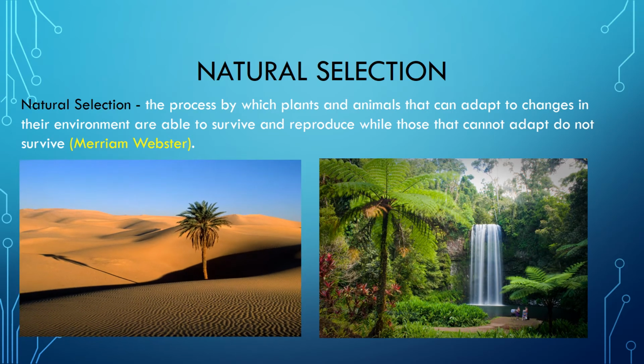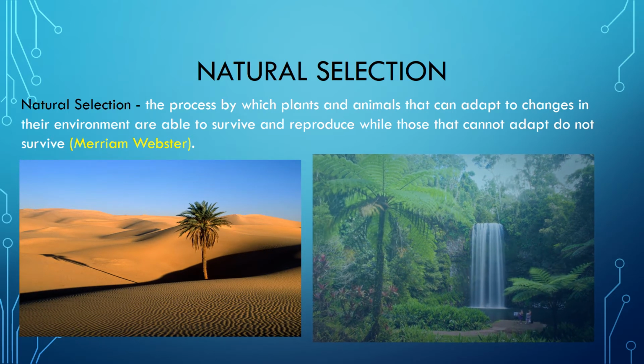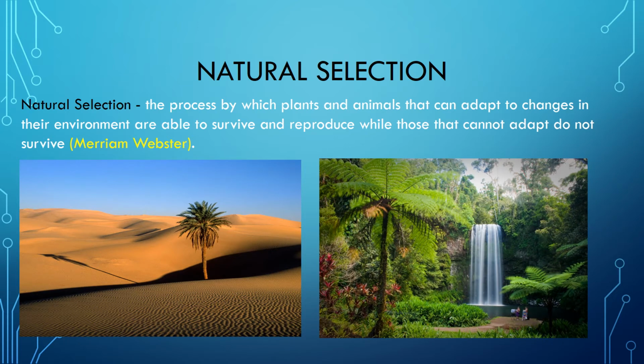All right, if we look at the desert, and now we look at the rainforest, we can see that these are different environments. What's important to understand is that these plants would struggle to live in the other environment. So for example, we know that the plants pictured in the rainforest would have a hard time surviving in the desert.